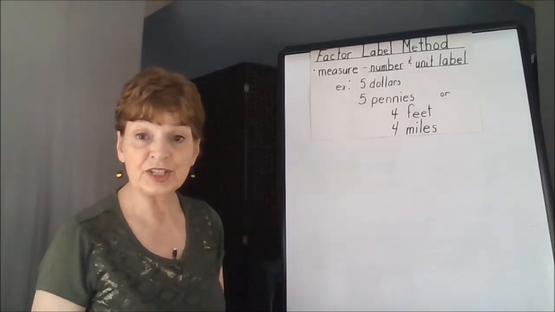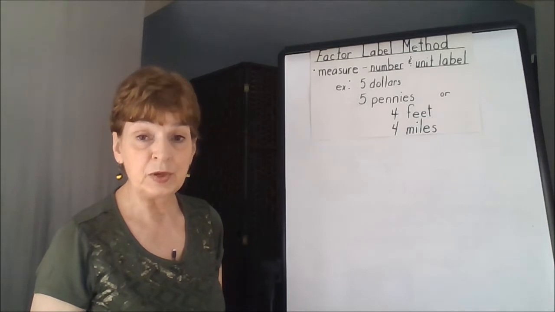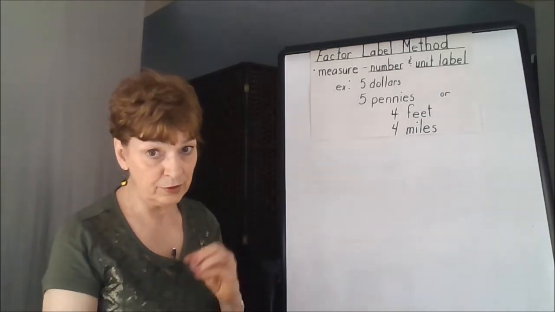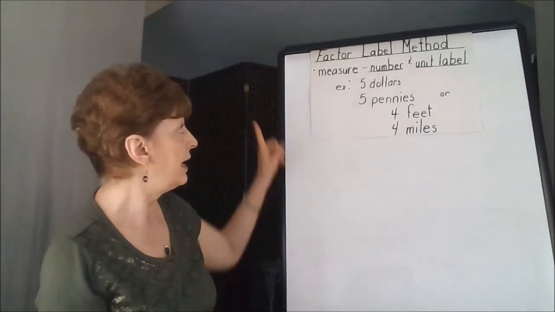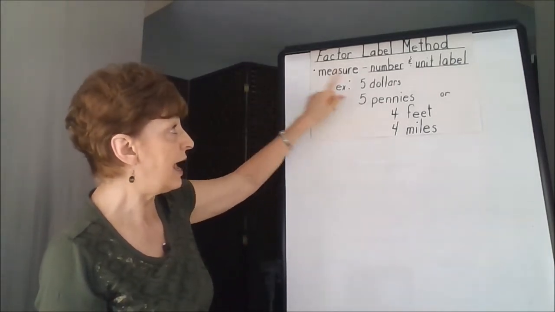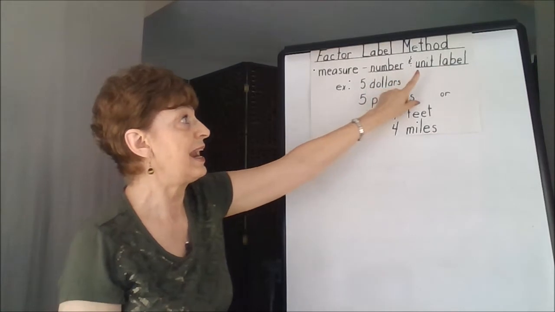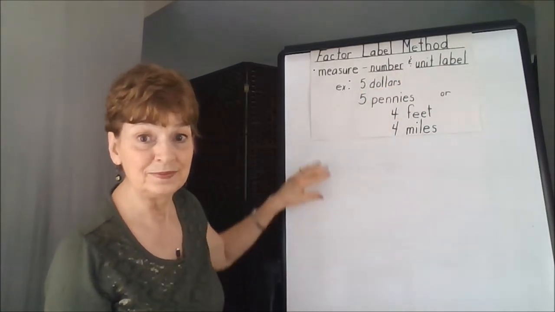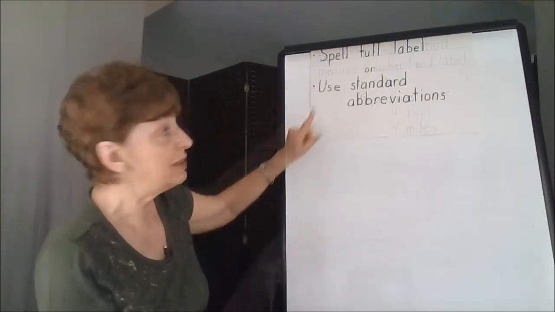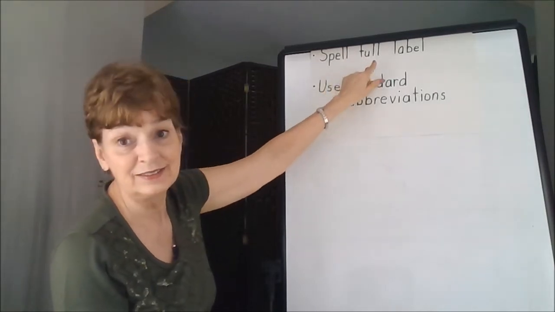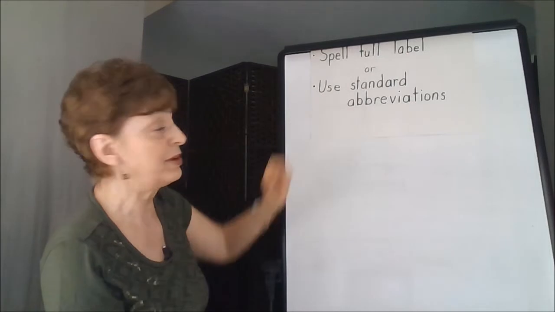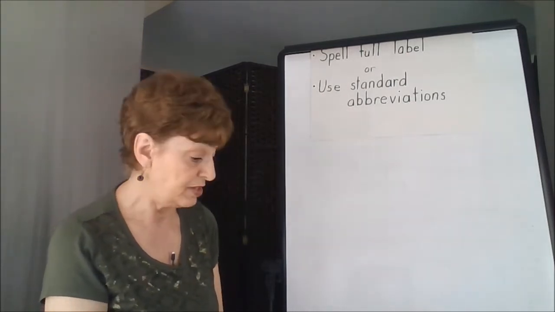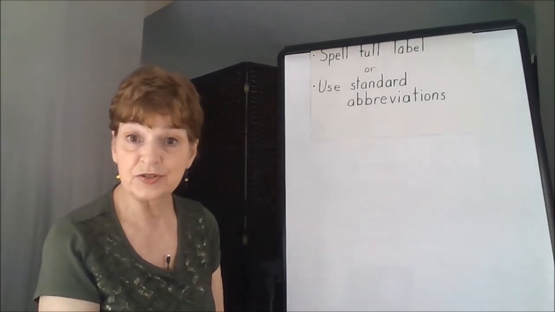So the very first thing that you want to do when you read a problem that is converting from one type of measurement into another is take the measure and note the number and the unit label. That unit label needs to be spelled fully, or you need to use the standard abbreviations. And I've done that on the charts that you just copied.